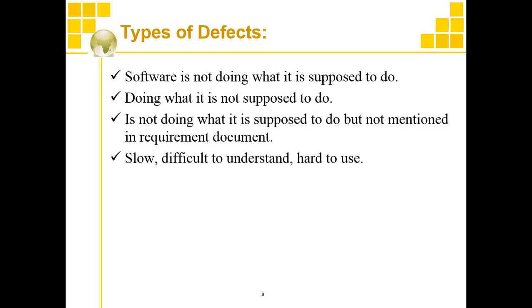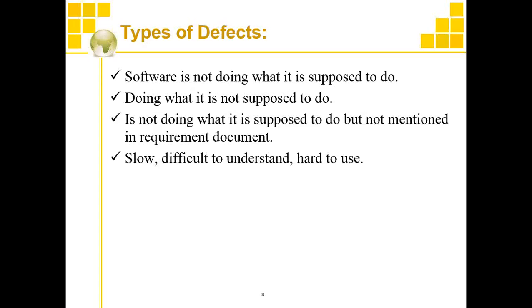So that is also one type of defect. The third point is not doing what is supposed to be done, but it is not mentioned in the requirement document. Actually, the client requirement was something else, but it was not mentioned in the SRS. According to the SRS, the developers did not implement it, and the tester did not test it either. So that is also one type of defect.